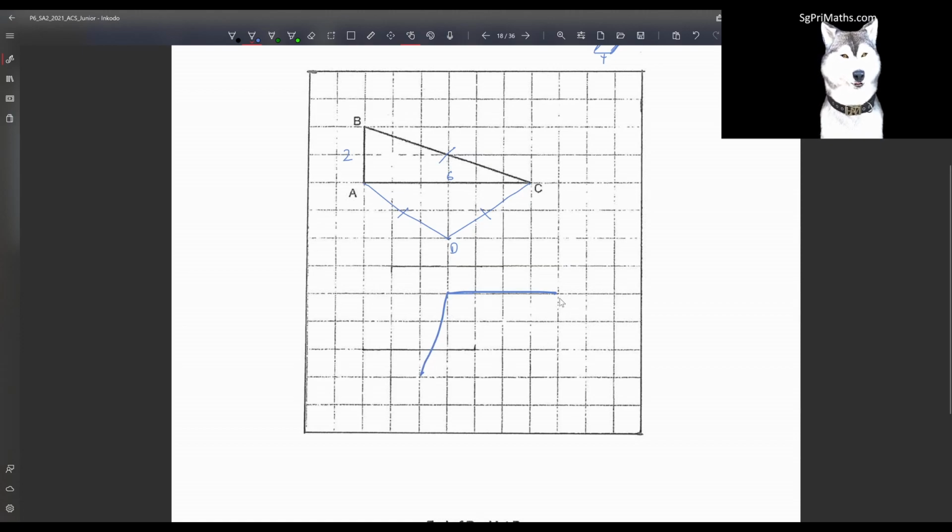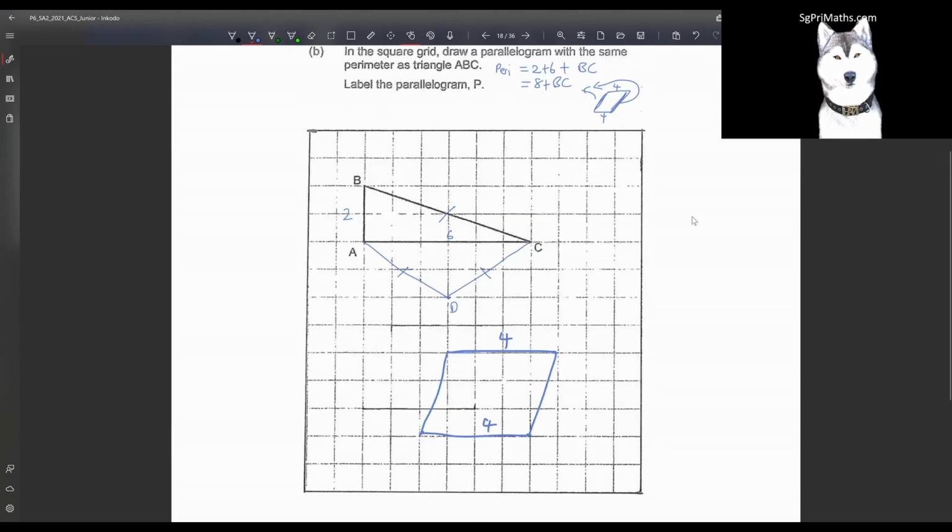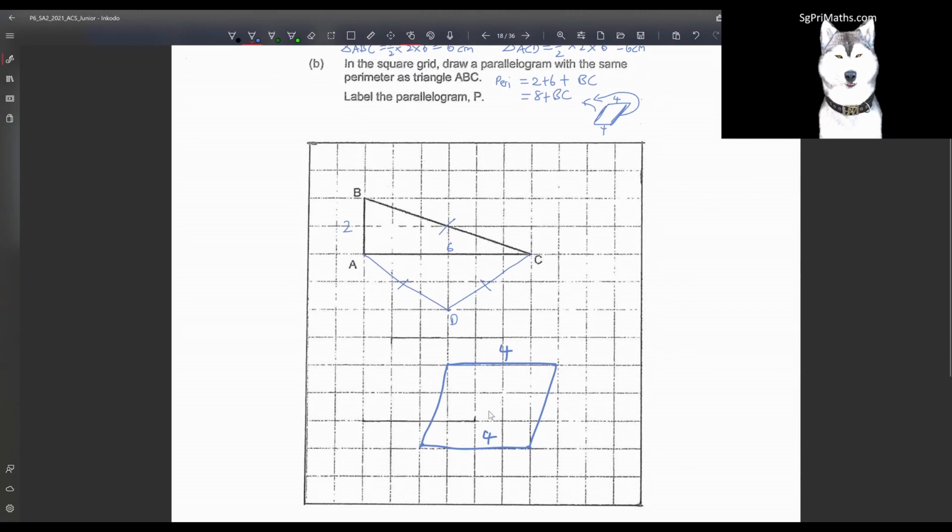Over here is also this side, drawn from opposite ends. So this 2 will equal BC. This is 4, then this will be 4. So that's it. Then let's label it P.